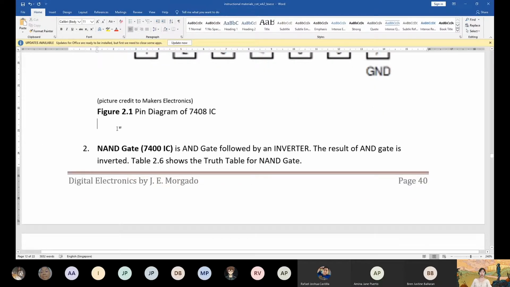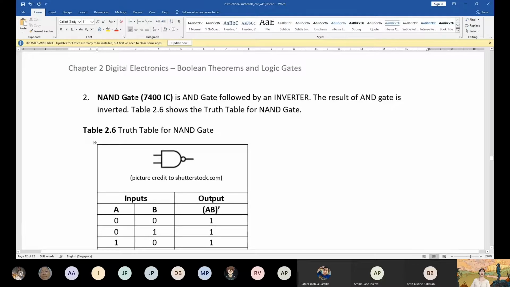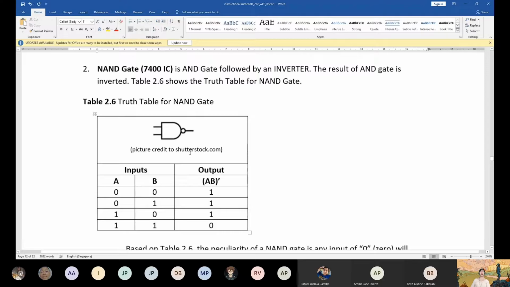Next we have the NAND gate. The NAND gate is a 7400 IC. A NAND gate is actually an AND gate followed by an inverter, so you have the bubble here. An inverter can be represented either by a triangle and then a bubble, or just a bubble alone.